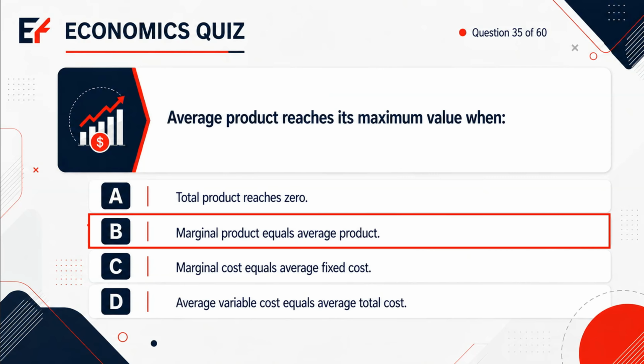Therefore, average product reaches its maximum where marginal product equals average product. Option A is incorrect because total product does not need to be zero. Option C is incorrect because marginal cost and average fixed cost are cost concepts, not product measures. Option D is incorrect because average variable cost and average total cost do not determine the maximum point of average product.